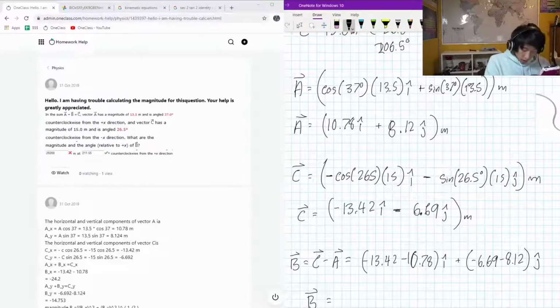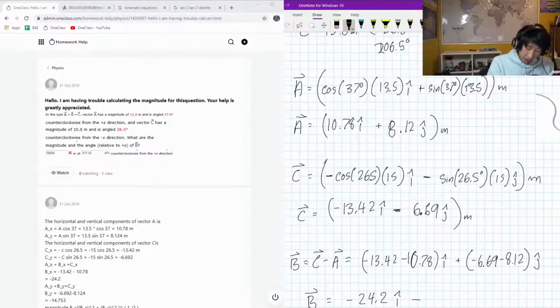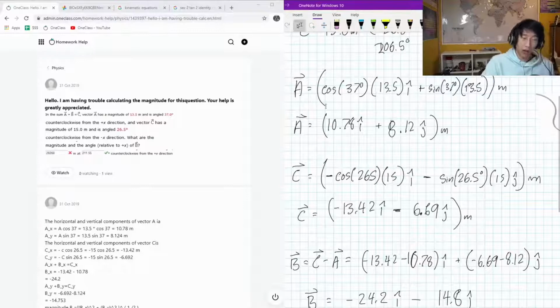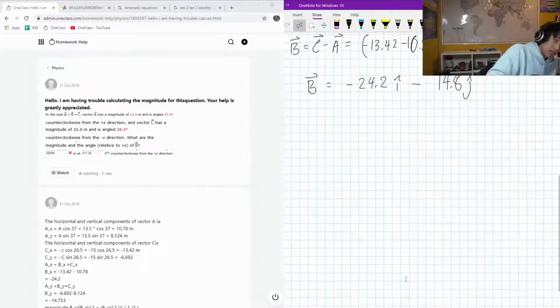So we got negative 13.42 minus 10.78, which is negative 24.2 in the i direction, and then in the j direction we're going to be pretty negative with that one: negative 6.69 minus 8.12 is negative 14.8 in the j direction. I rounded them earlier, but I'm pretty sure that they would line up to be these nice and easier numbers.